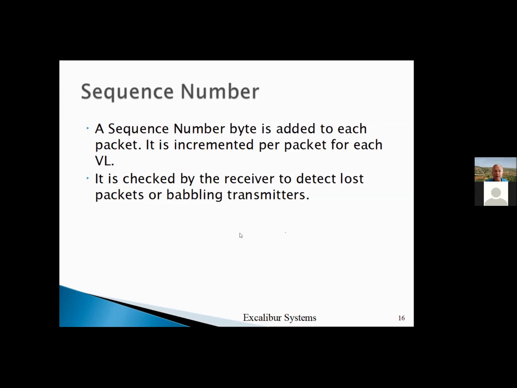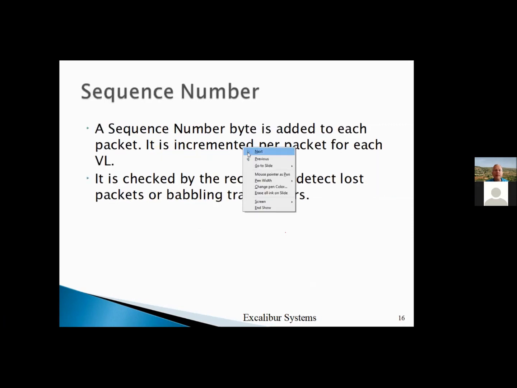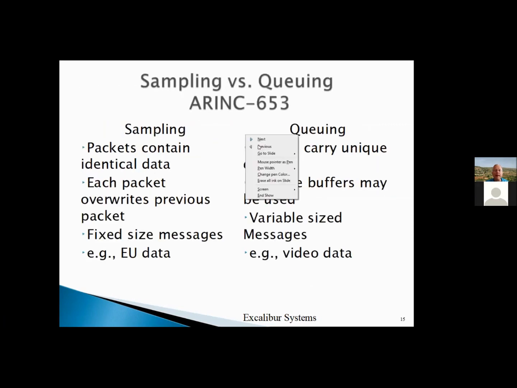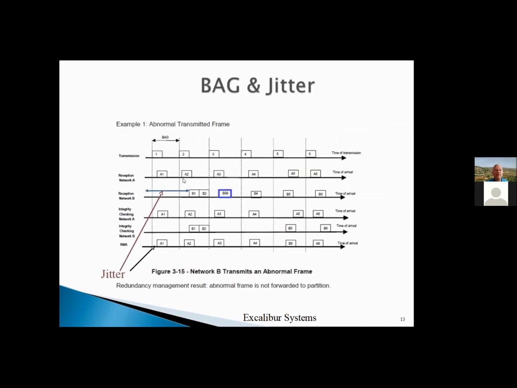So knowing about the sequence number, I can now understand, actually, let's go back to the previous slide with the bags. And now I understand that this 1, that's the sequence number. So when I got sequence number 1 on bus A, and then later on I got sequence number 2 on bus A, I accepted it because that's what I'm expecting. But then on bus B, I got a 1. I said, I don't want a 1.